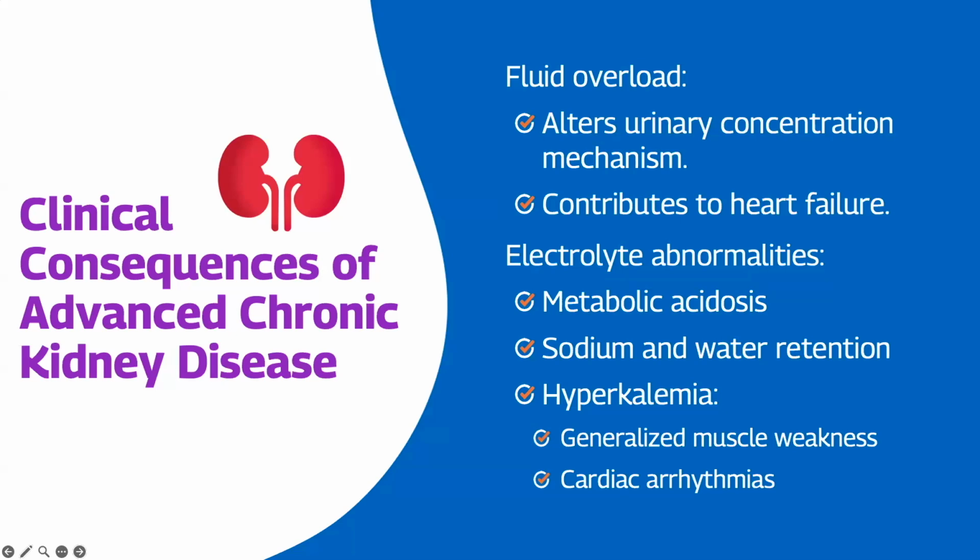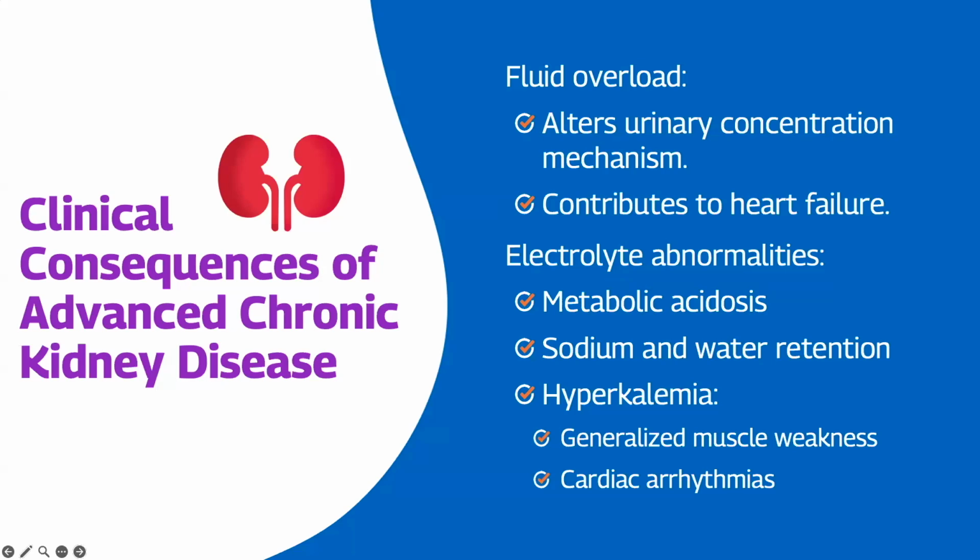Even, let's say, when the patient's GFR reaches about 20 milliliters per minute, there's going to be a decrease in sodium and free water elimination, resulting in extracellular volume expansion, causing signs of fluid overload, which is going to be most notable as peripheral edema.